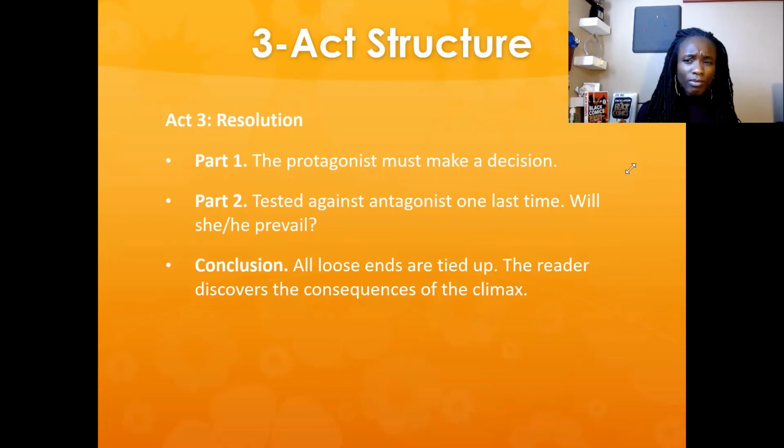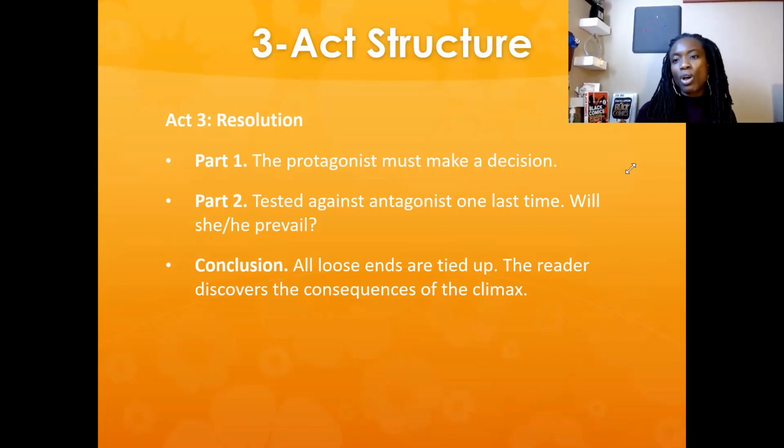Now, if you're doing a comic book series, and maybe you have 9 issues in season 1, and there's going to be a season 2 or a season 3, you're going to tie up all the main loose ends, but you're going to leave some things loose so that you can then continue on in the second season, right, to continue to further develop the story.